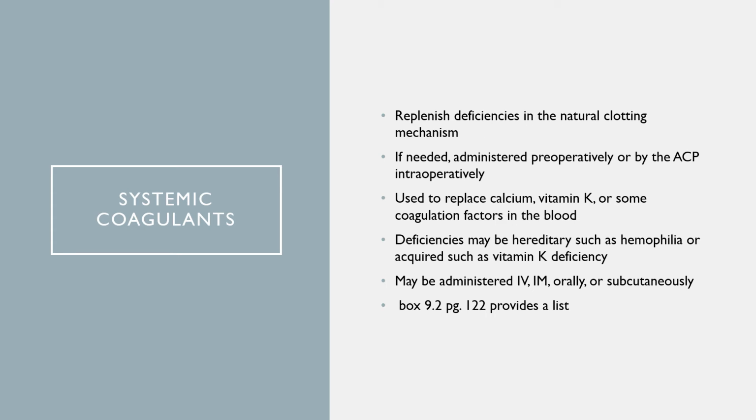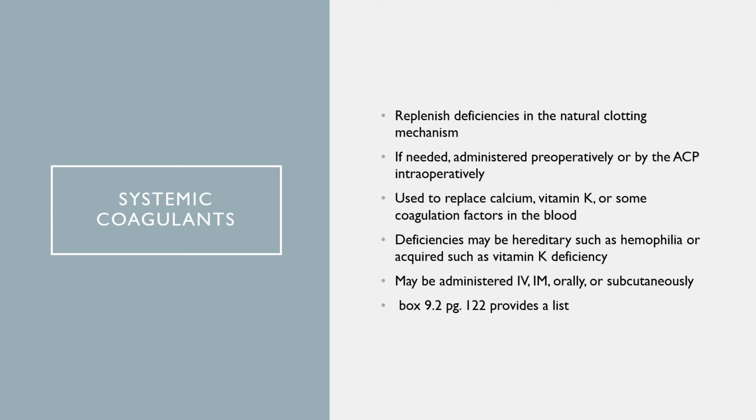Okay, we'll talk a little bit about systemic coagulants now. These replenish deficiencies in the natural clotting mechanism. If needed, they're usually administered preoperatively or by the anesthesia care provider intraoperatively. They're used to replace calcium and vitamin K or some of the coagulation factors in the blood.